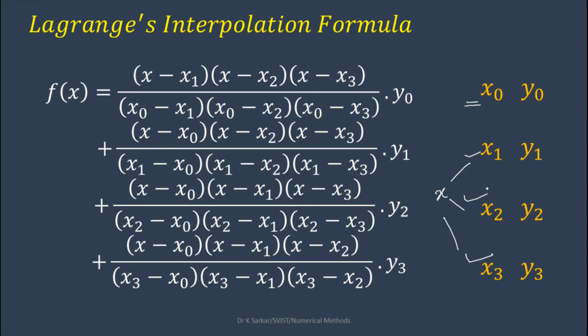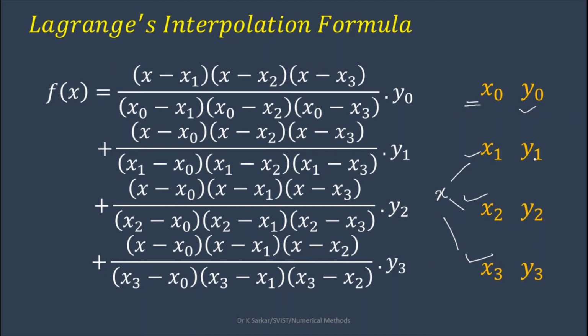The whole term is multiplied by y0. In the second term, leaving the x1 term, x0, x2 and x3 are subtracted, and in the denominator the same are subtracted from x1.